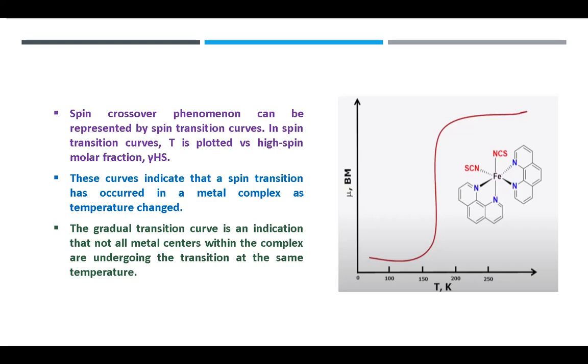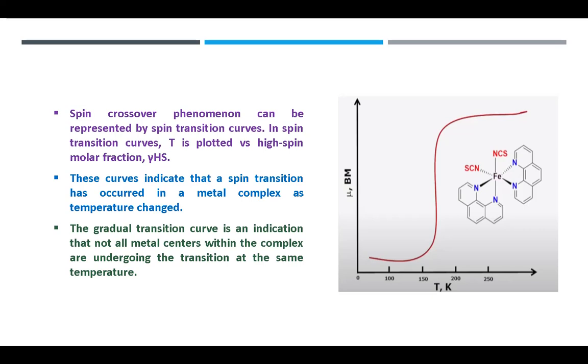At high temperature, this complex exists as high spin with 4 unpaired electrons, and a moment consistent with 4 unpaired electrons is observed. But as the temperature is lowered, a sharp drop in magnetic moment is observed at 175 K, and the low spin form of the complex becomes dominant.